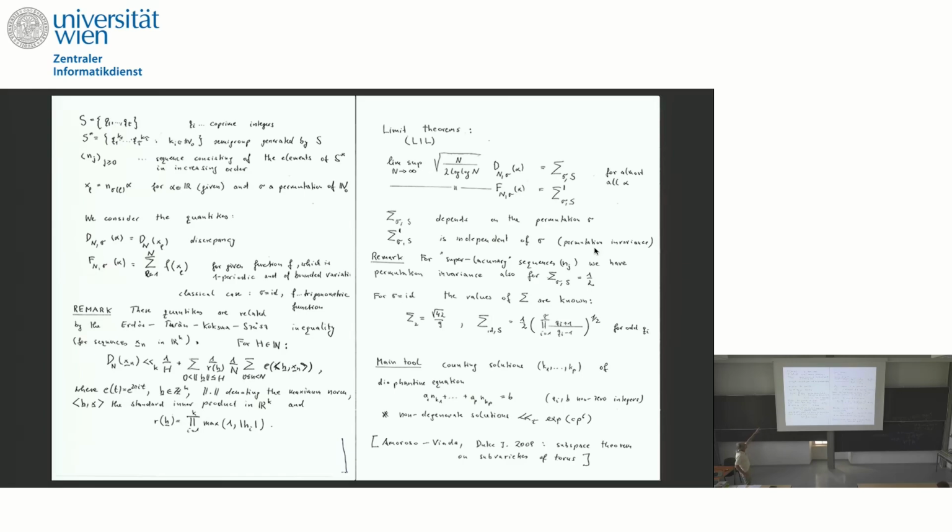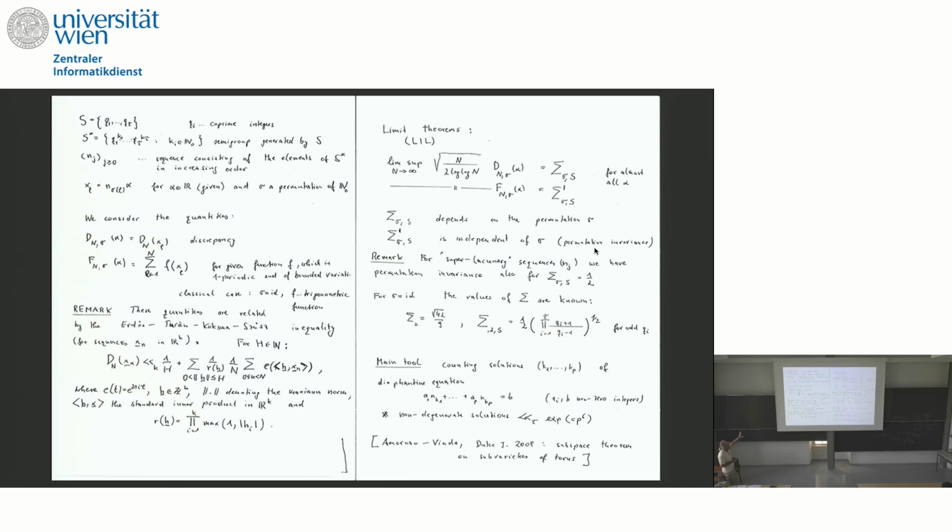And I will show you metric results for discrepancies and for mean values of function evaluations with respect to functions which are nice, so regular, at least of bounded variation, but sometimes it's also good to have differentiability properties.